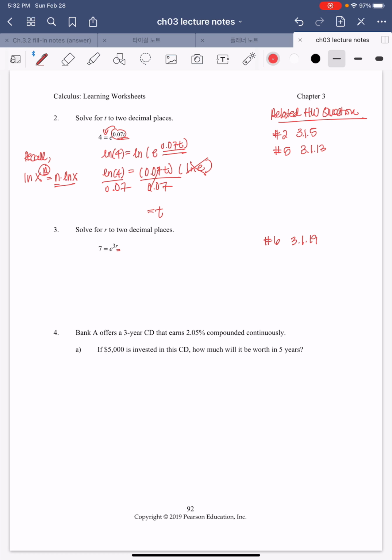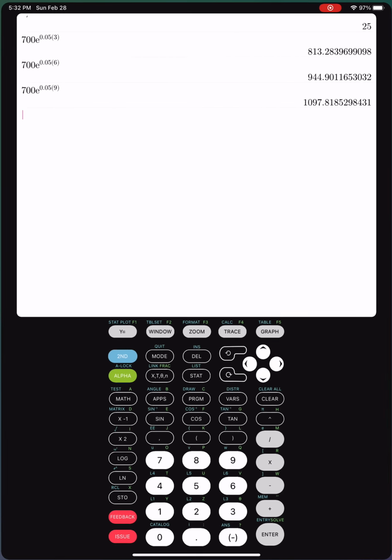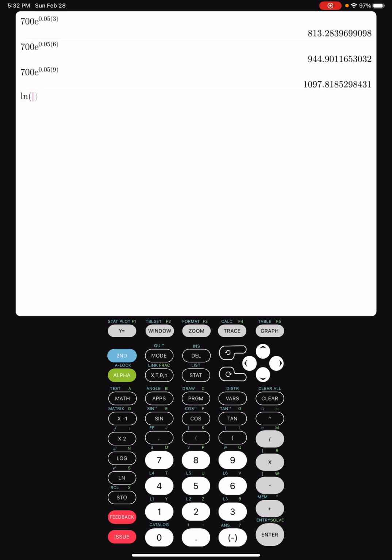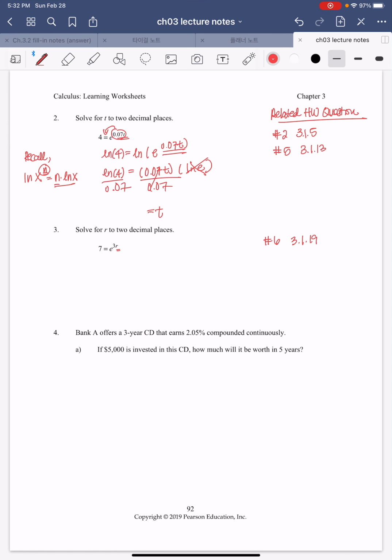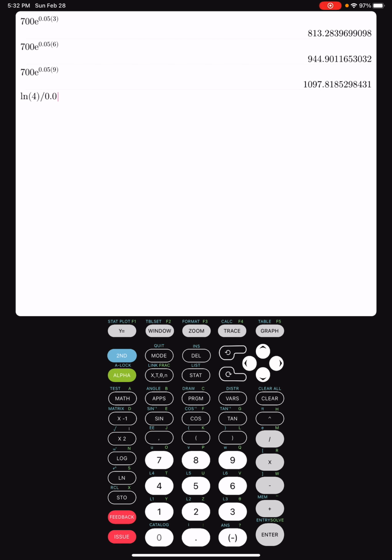So let's use the calculator and round to 2 decimal places. ln of 4 divided by 0.07.